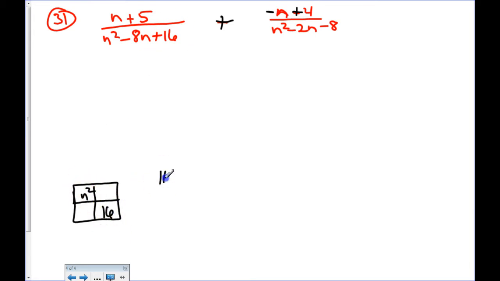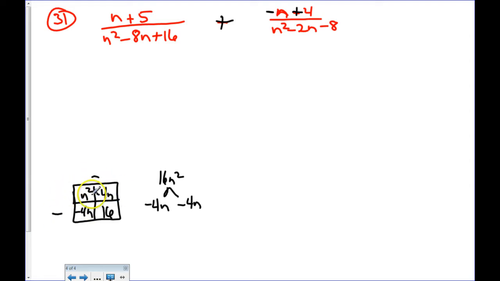I have 16n squared. What are my factors of 16n squared that add up to be negative 8n? Negative 4n and negative 4n. Notice that they're both negative. This is the one time, if both of these terms are negative, both the terms on the outside are going to be negative. You just have to remember to do that. So negative 4n, negative 4n.